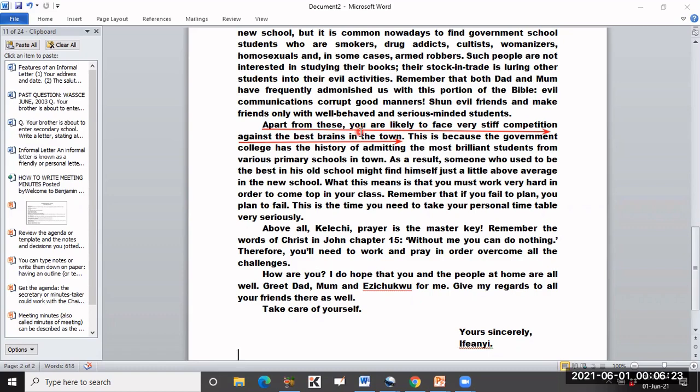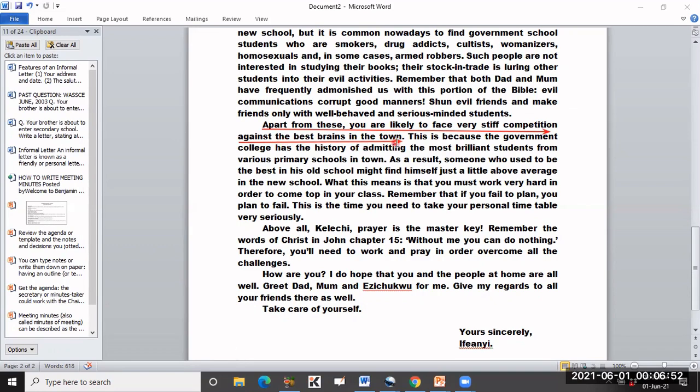These connectives are important because they play the role of linking your new idea to your previously stated idea. And that makes your writing coherent. Your ideas are interconnected, and that actually makes it coherent. Now, apart from this, you are likely to face very stiff competition against the best brains in the town.